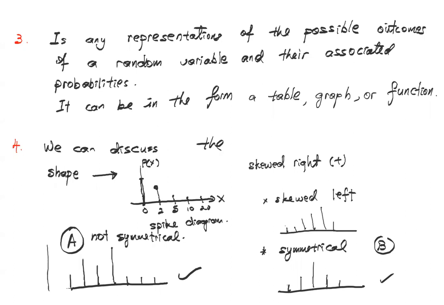Okay, Johan, if we talk about statistics, if you explain like that to me, you won't get any marks. I want my student to tell me why this is symmetrical and that is not. Why A is not symmetrical and B is symmetrical.